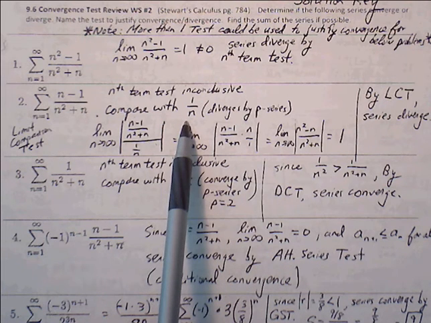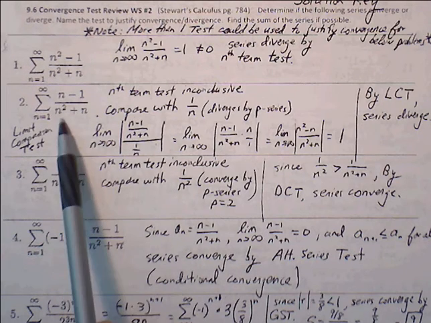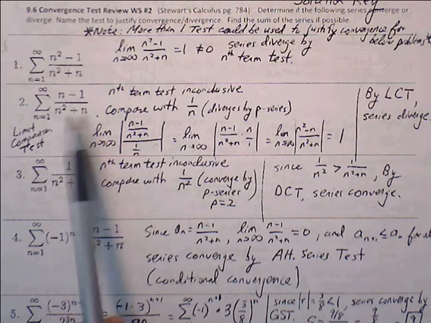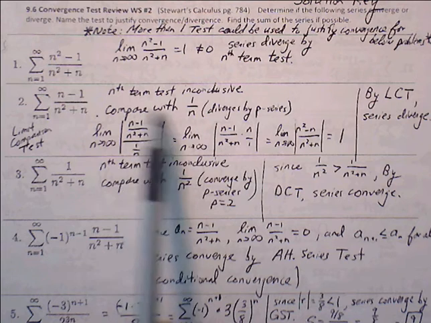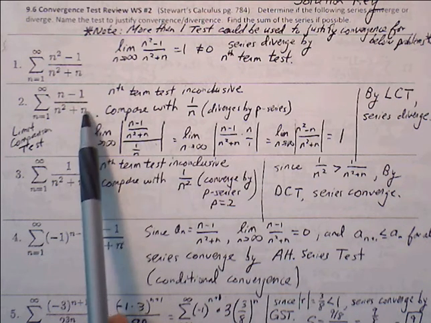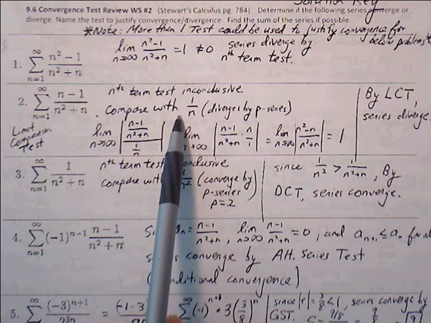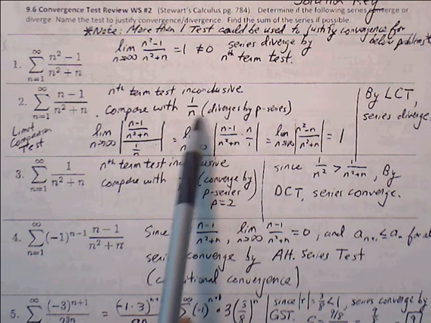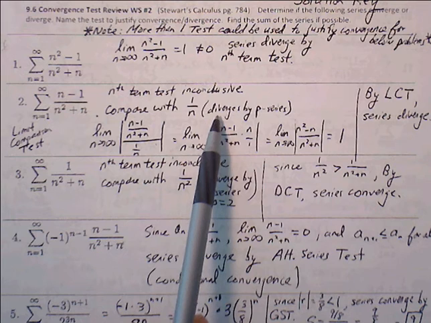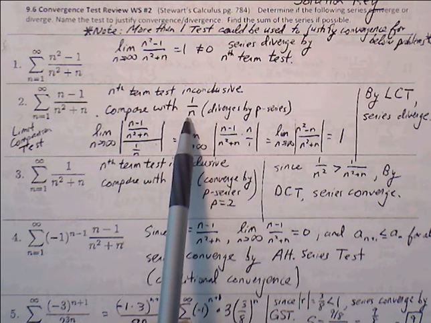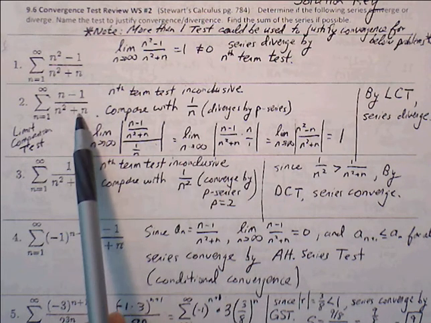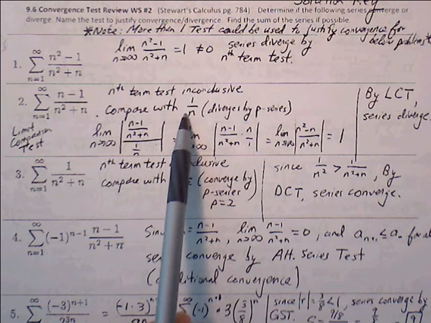So what if we went through the limit comparison test, where we take the limit of a sub n over b sub n as n approaches infinity, and if the result gives us a real number, then by the limit comparison test, this series must also share the same characteristic as this series, which is diverging.